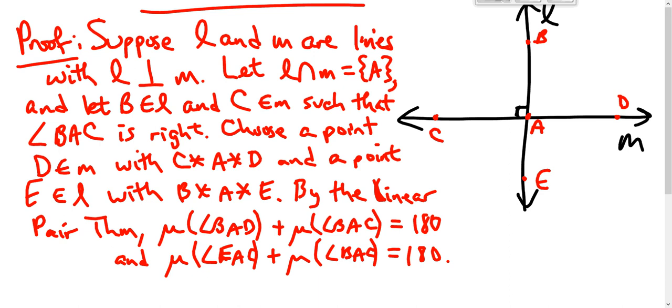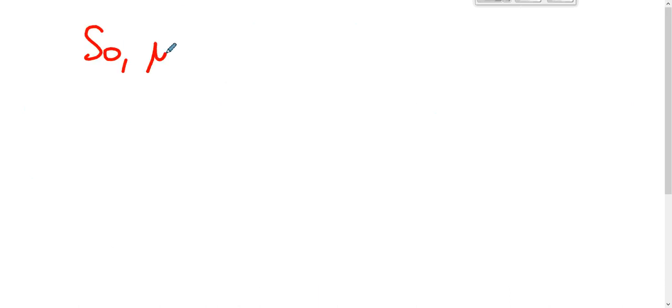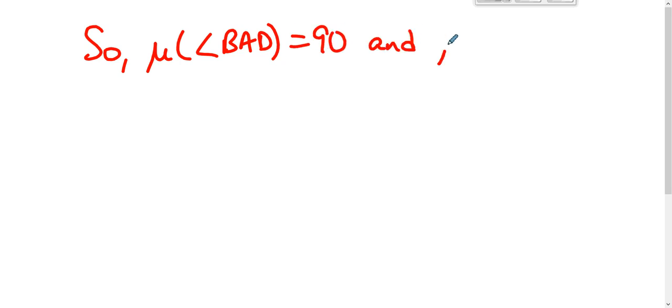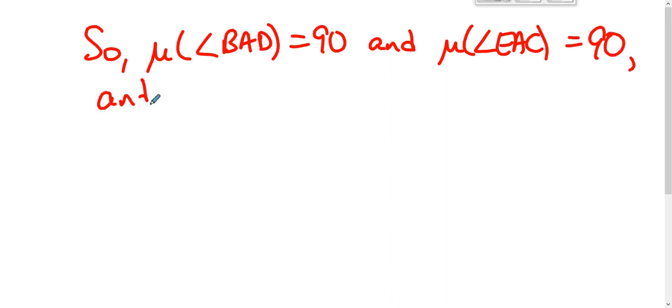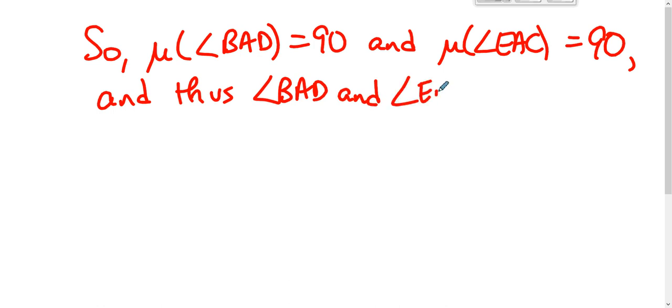So the measure of angle BAD is 90, and the measure of angle EAC is 90, and thus angle BAD and angle EAC are right angles.